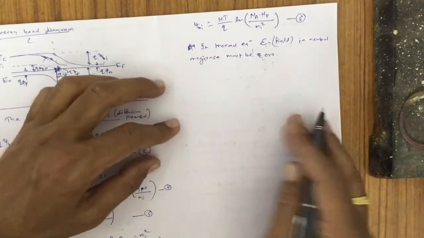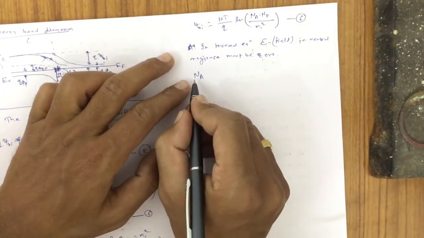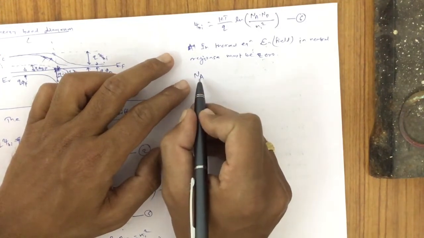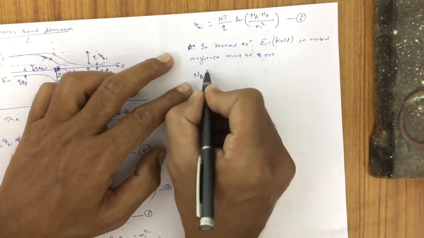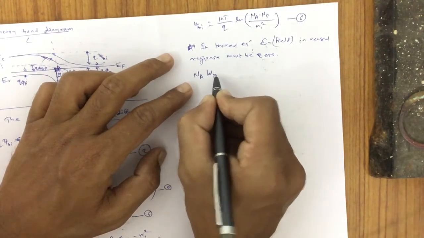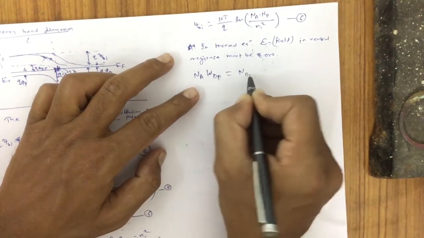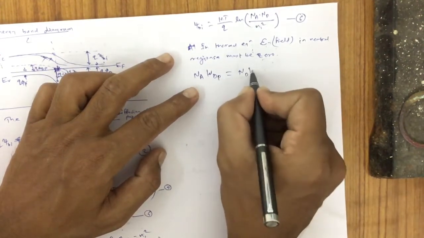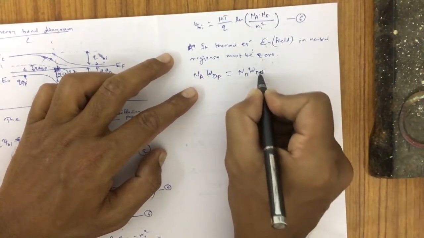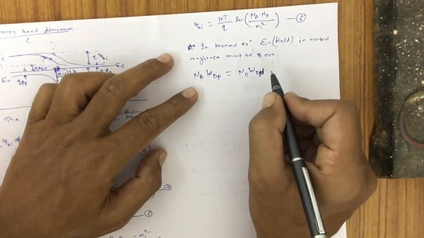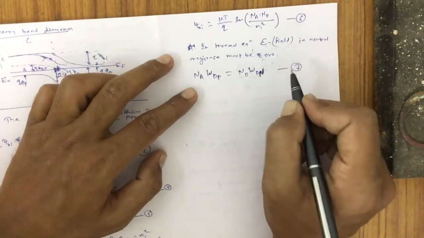So that will give us Na, the acceptor impurity density, times WdP on the p side, equal to Nd, the donor impurities, times WdN, capital N. Okay, so this actually gives us equation number 7.